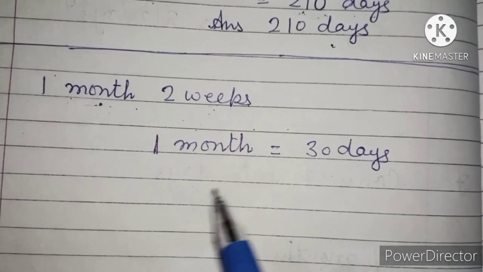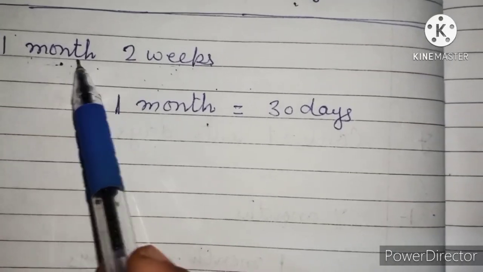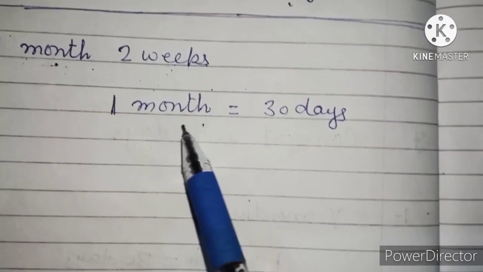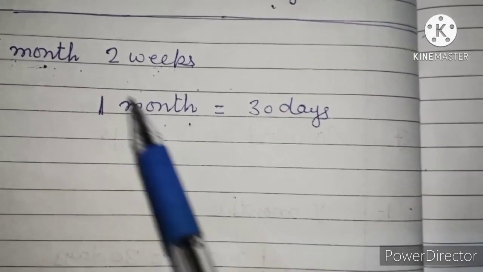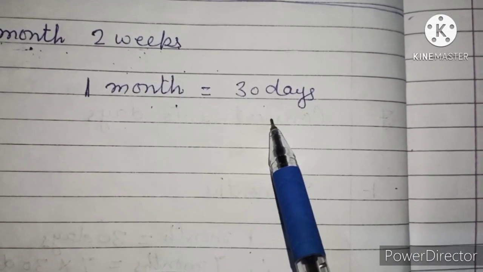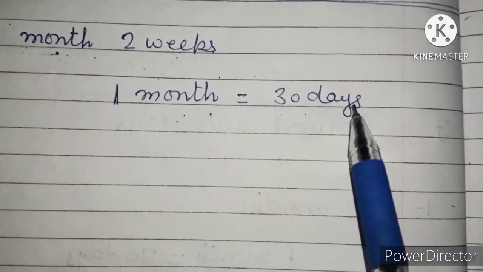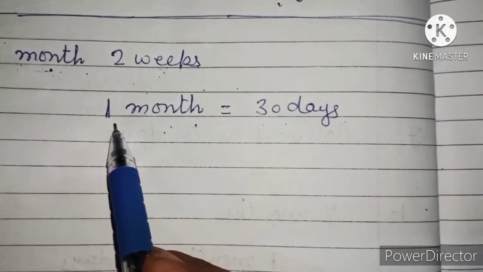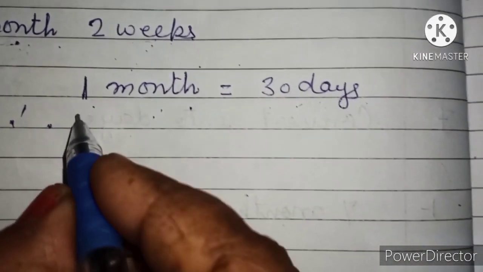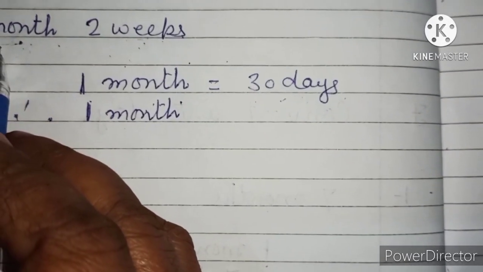So children, you can see that we will first change the month into days. So first we have to write the formula. I have already written. 1 month is equal to 30 days, so 1 month, here written 1 month.